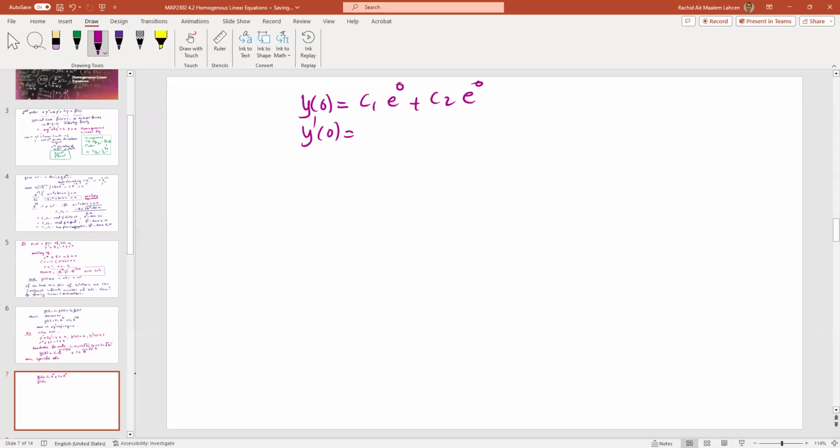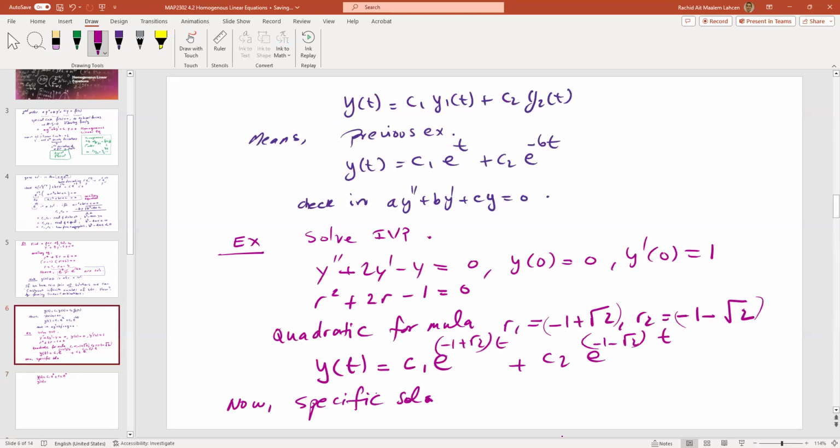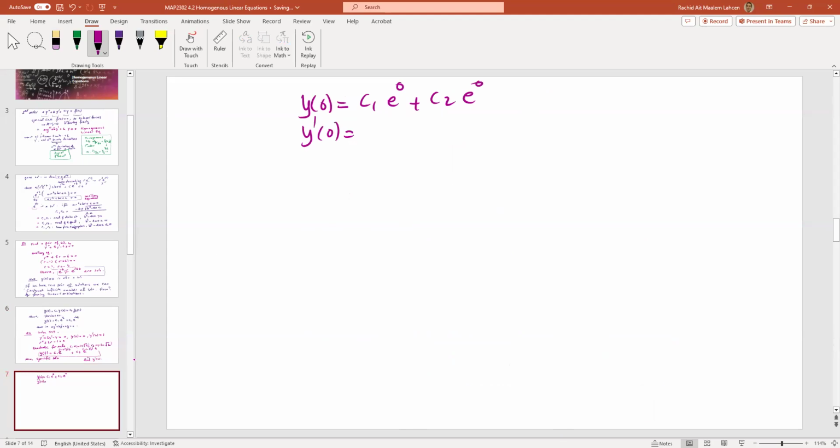Of course, we will find the first derivative of this, right? So here I put find y prime of t. Okay. Now use it here. You should get, okay.